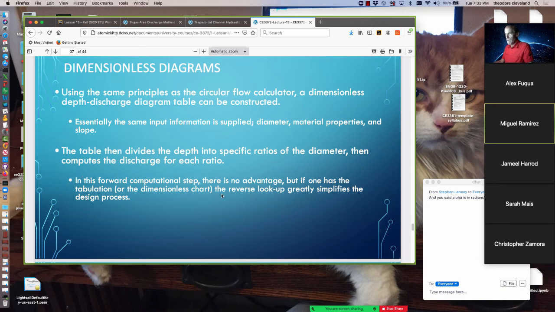In forward computation, there's really no advantage. But if you have the tabulation of the dimensionless chart, it's really handy for doing the reverse lookup. So let's go take a look at one of these. Yeah, I'll do it here.